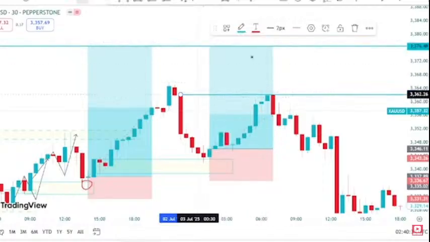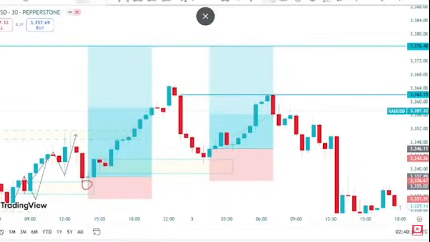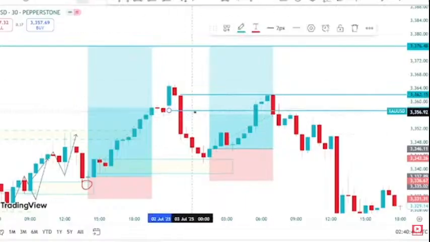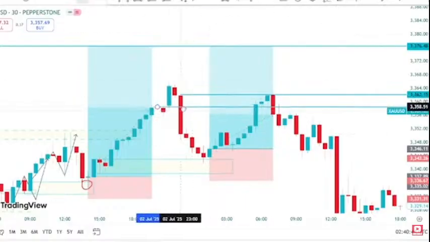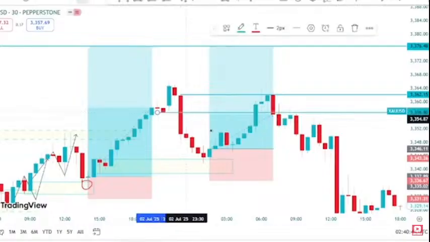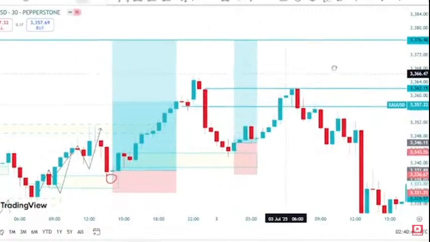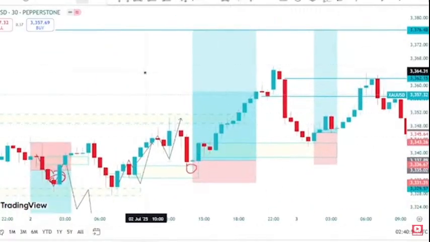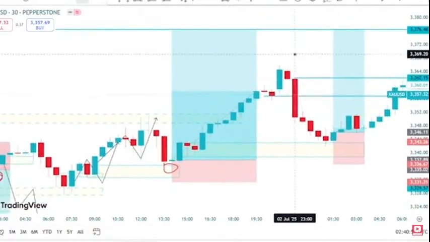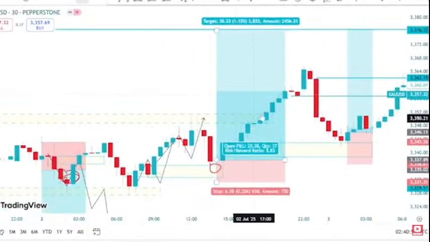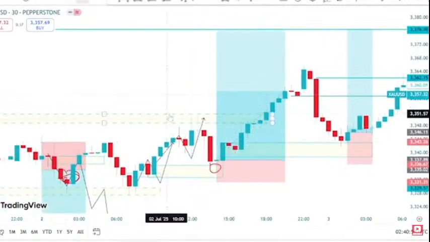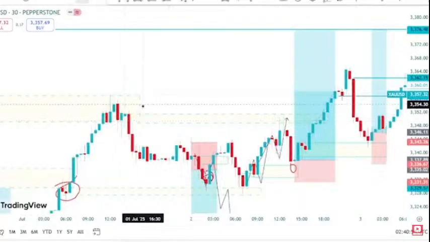So we had to secure from this area and secure from this internal area. This was our first TP if we enter from this area. So let me just first talk about this trade we took before. So taking this trade, the market moving up, the first TP was from this structure we broke above.